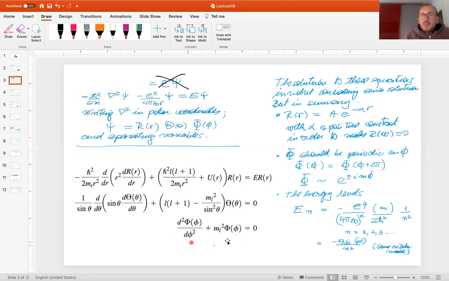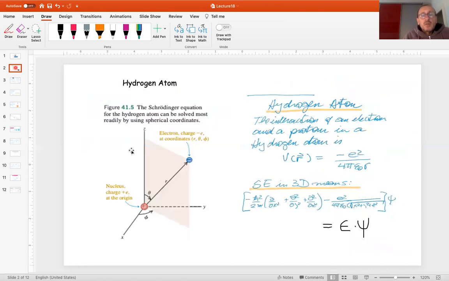to solve this. This is simply a periodic function of phi, and the solution should be something like this, because as I showed you before, this thing has a periodicity of 2 pi. So if I change phi to phi plus 2 pi, I should get the same solution.